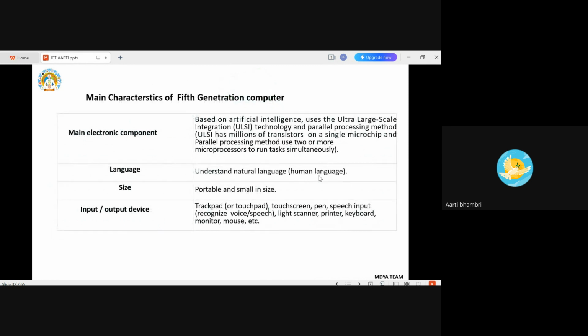Main characteristics of the fifth generation computer. What are the main characteristics? The main electronic component used in the fifth generation computer is based on artificial intelligence and uses ultra large scale integration. In the fourth generation computer, very large scale integration technology was used.